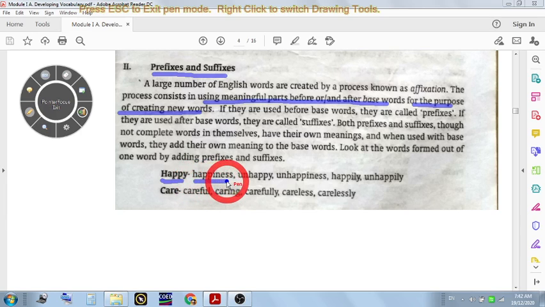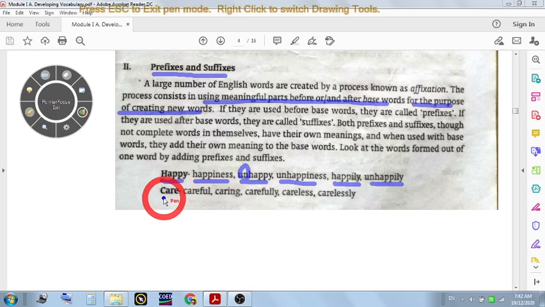Happiness becomes a noun, unhappy becomes the opposite of happy by using this un prefix. Unhappiness, again it becomes a noun, happily it becomes an adverb, unhappily it becomes also an adverb.